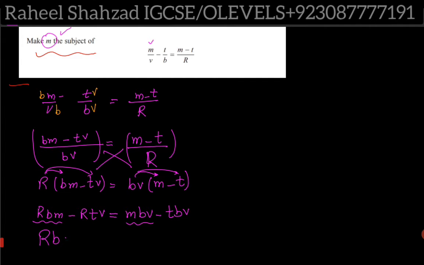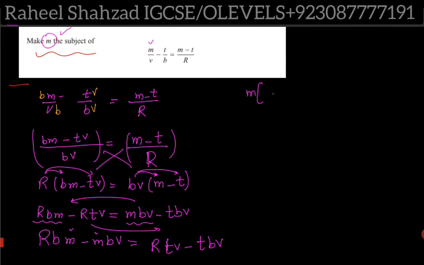rbm minus mbv, I'm going to take this on the left hand side and this on the right hand side, is equal to rtv minus tbv, right? And now on the left hand side we can take m common.